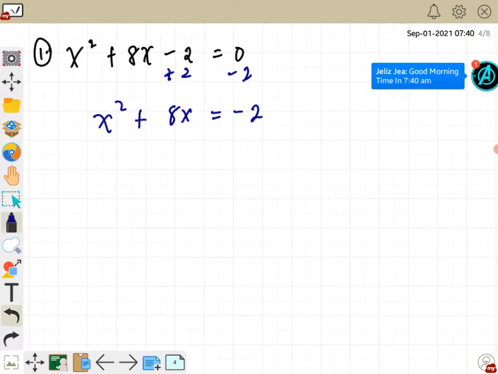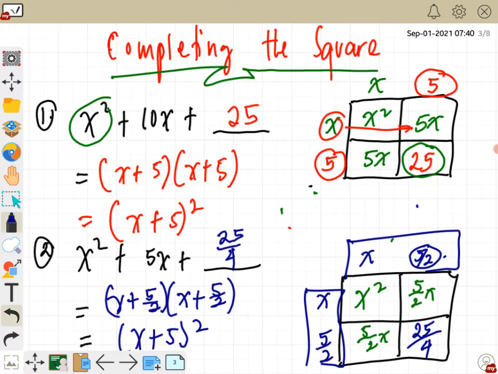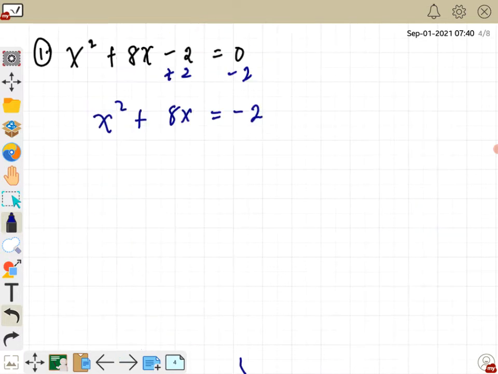So in this case, we are trying to do just what we did a while ago. Here we are going to make the left side of the equation a square. So how do we do that?